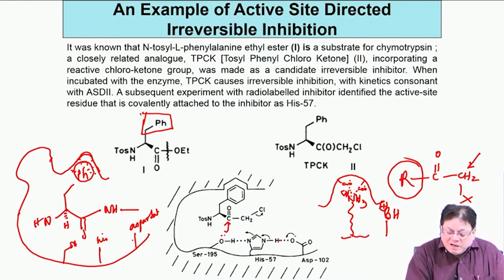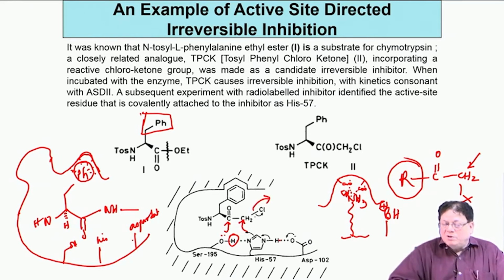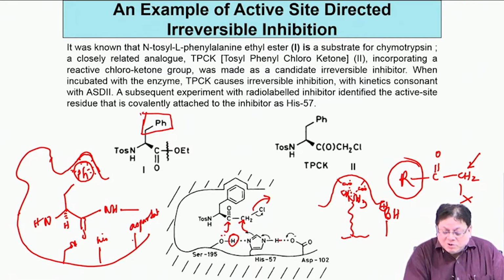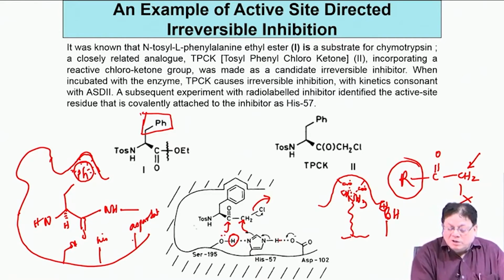Instead of taking the proton from serine, because that is now useless, even if it takes the proton there is no productivity, because the serine cannot attack this carbonyl, as there is no meaningful reaction here. So, the nitrogen goes and attacks this carbon and displaces the chlorine. The result is that you are forming a carbon-nitrogen covalent bond with this molecule.